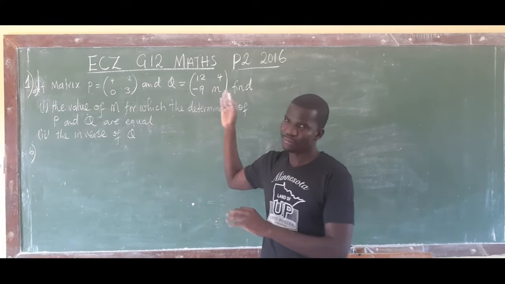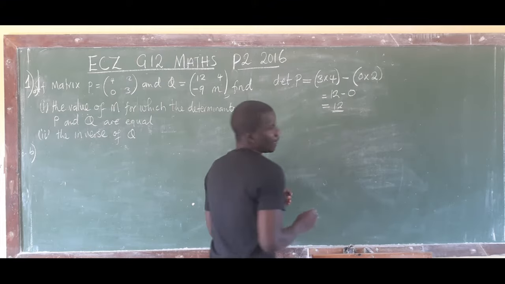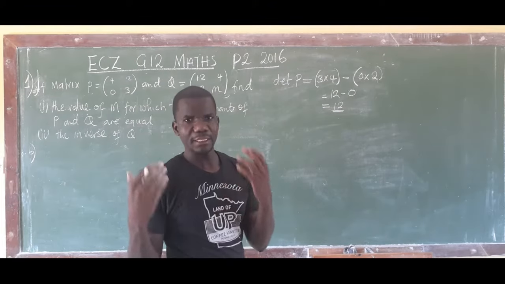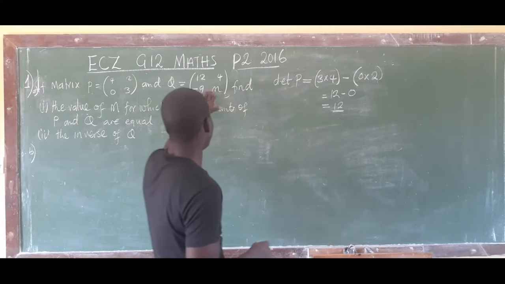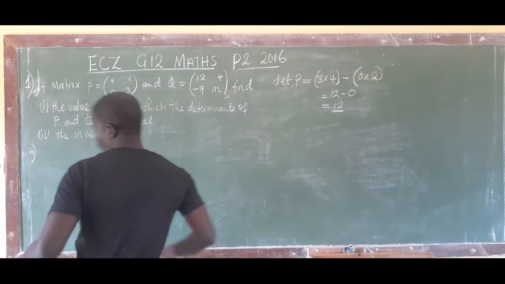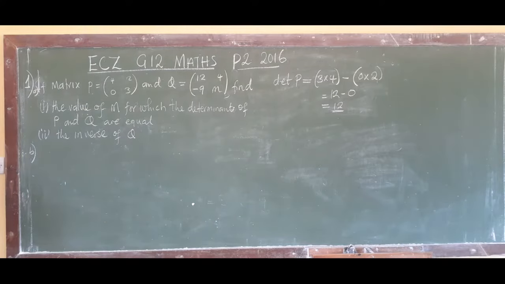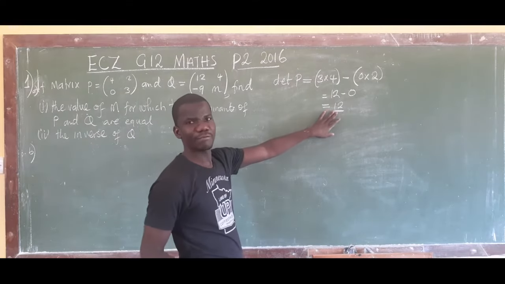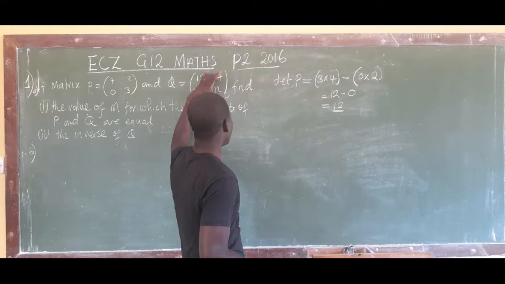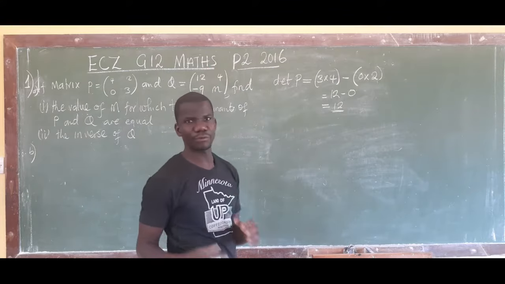So the determinant of P is equal to 12. Now that we are told that the determinants are the same, we conclude that Q has the same determinant. Okay. So now we can use this to find the value of M.